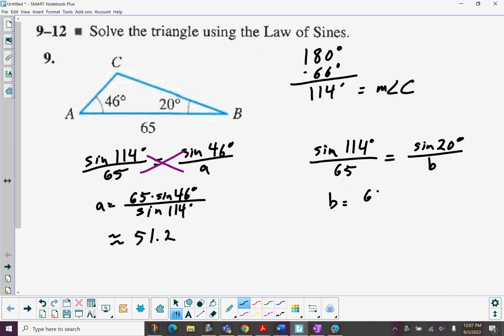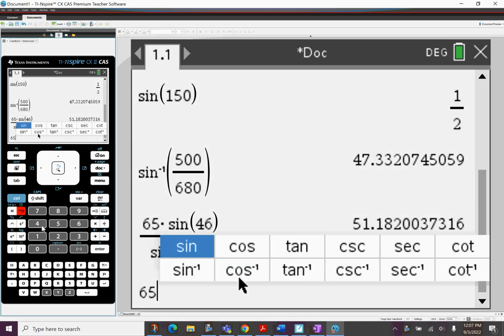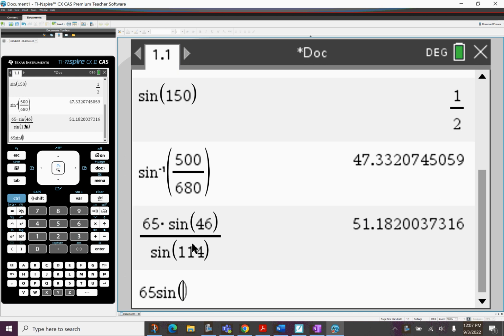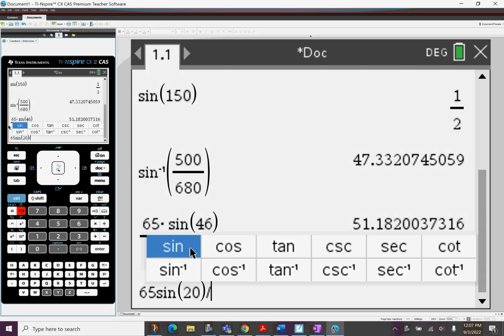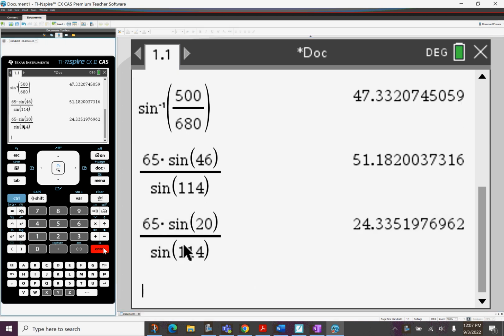The length of side B will be equal to 65 times the sine of 20 degrees divided by the sine of 114. And we'll round that off to about 24.3.